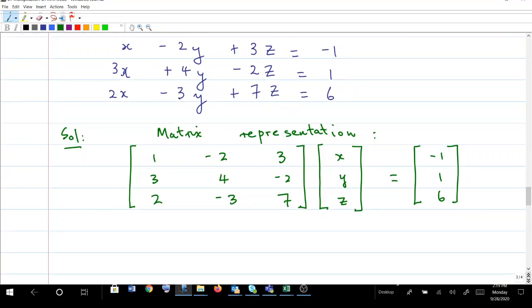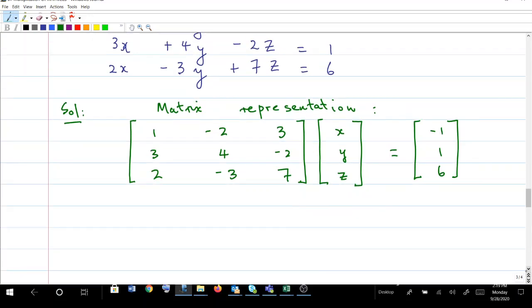Right? If you multiply the matrix out on the left hand side, those two matrices on the left hand side, you will end up with a 3 by 1 matrix. And you'll see that the corresponding entries on the left hand side will equal to what's on the right hand side. So you really end up with those 3 equations.